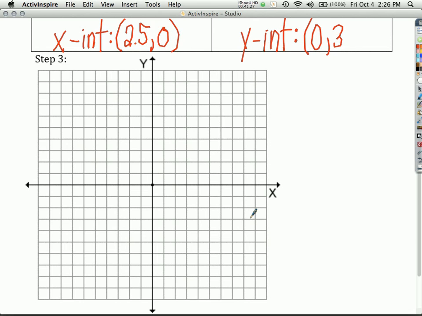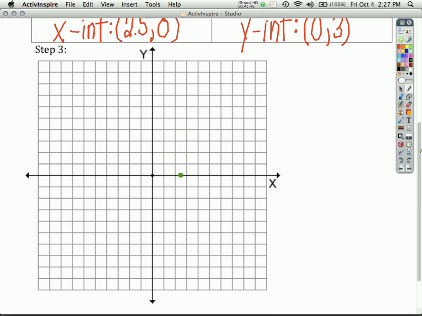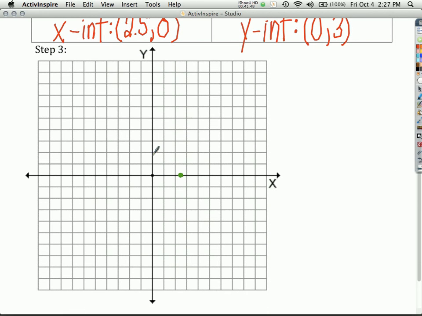So now we're going to plot the point 2.5, comma 0. 1, 2, 2.5 is right there, comma 0. That is our x-intercept right there. And then our y-intercept is 0, comma 3. 0, 3.